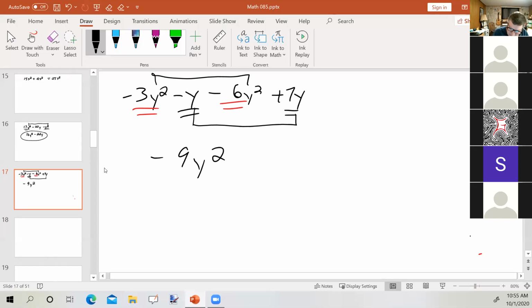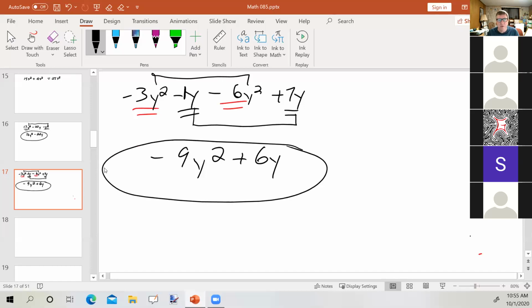Negative y plus 7y would be plus 6y. Again, remember that negative y is negative 1y. So that's our final answer. Y squared and y, not like terms, can't put them together. We good to go with that? All right.